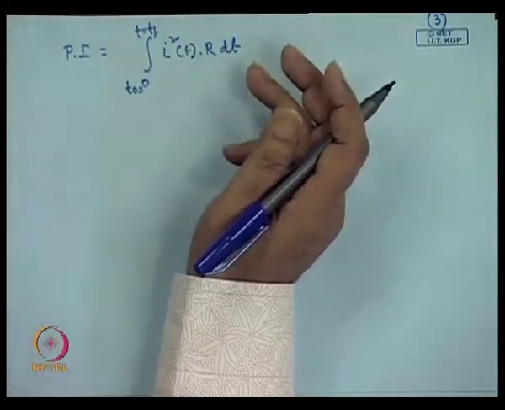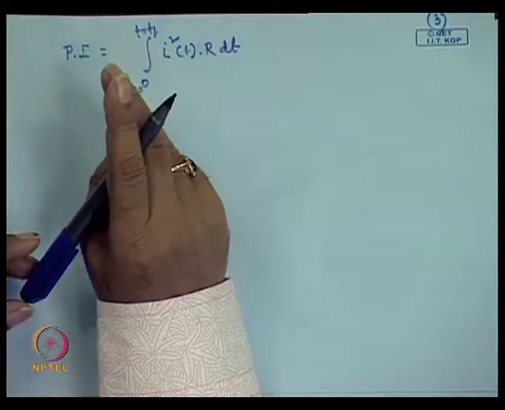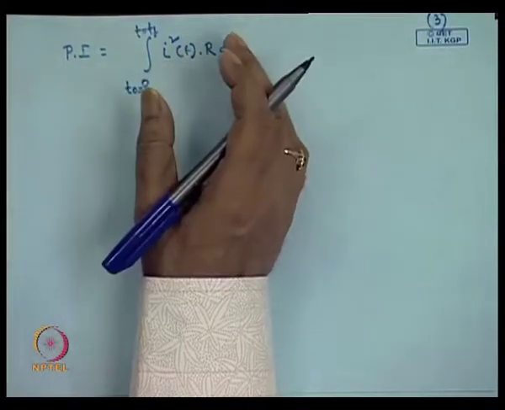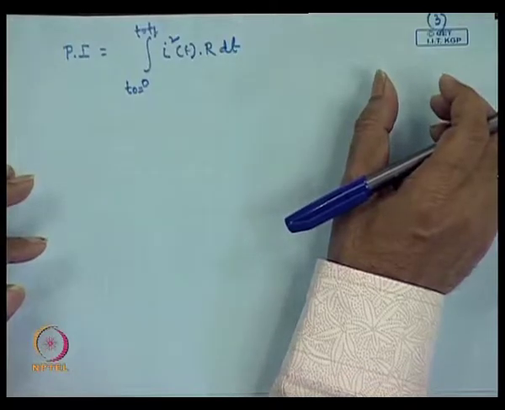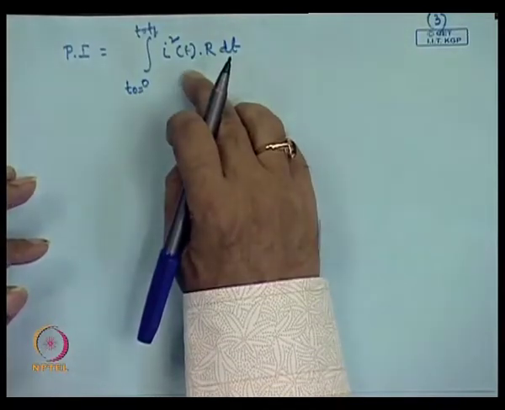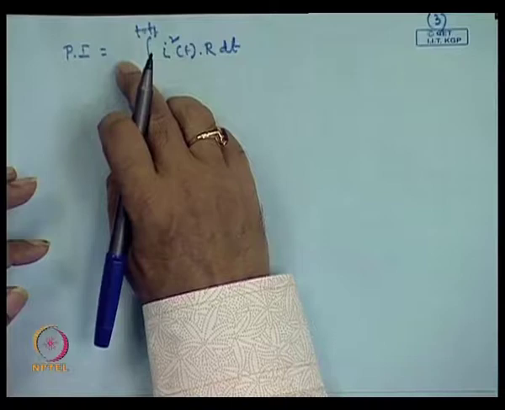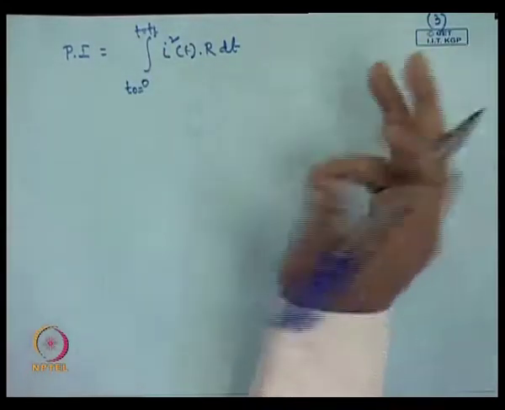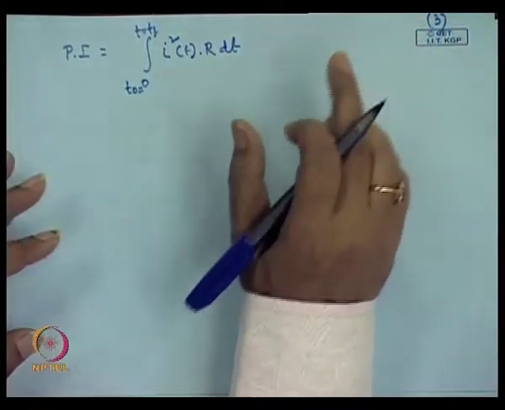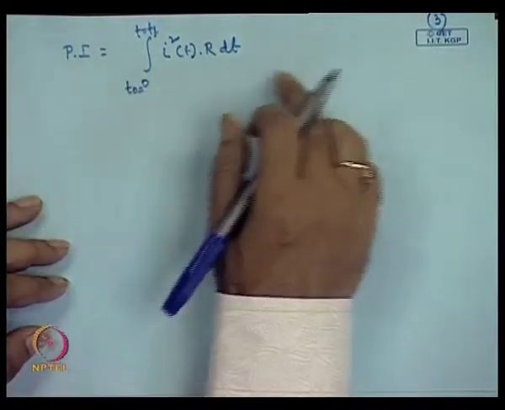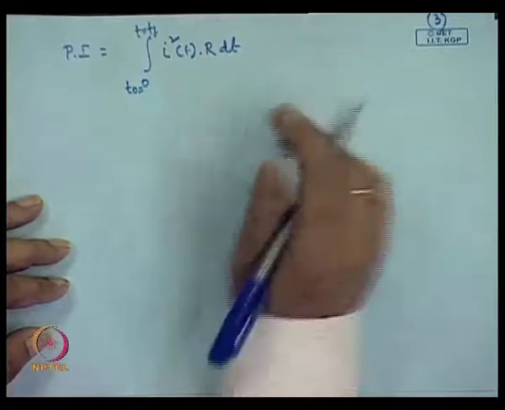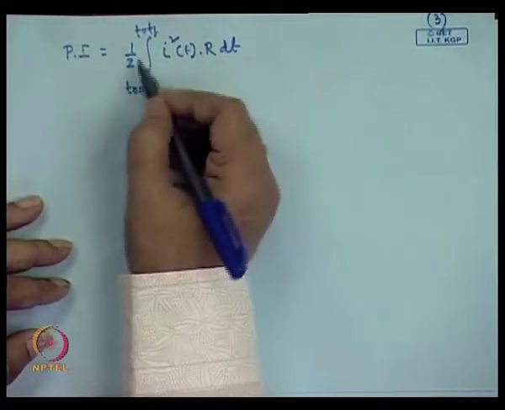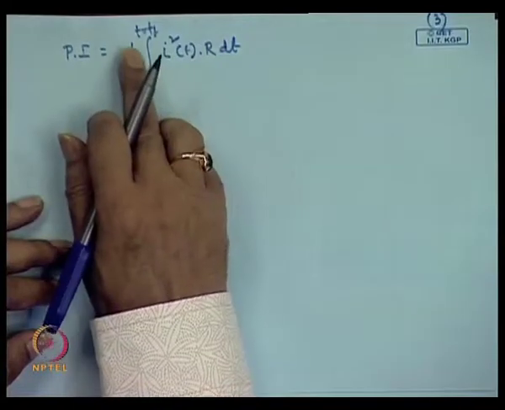But we have already discussed in our static optimization problem that if you add a constant term to the performance index, or multiply or divide it by a constant term, the optimal point does not change, though the optimal value may change. So, we can divide this by 2, half.